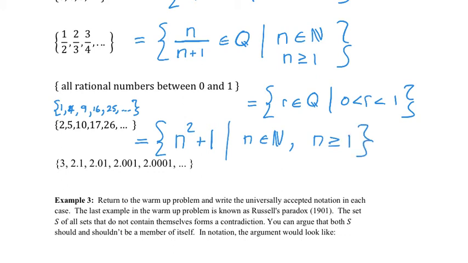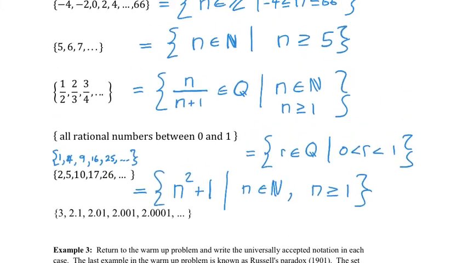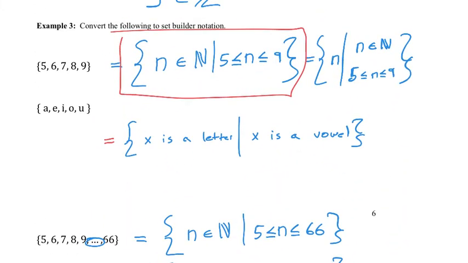Now keep in mind that the way I'm writing these sets is not the only way to write the set. I gave another example right here of some other choices that you have. As long as what you're writing down is describing every single number in the set exactly, it is a correct way to write it down.